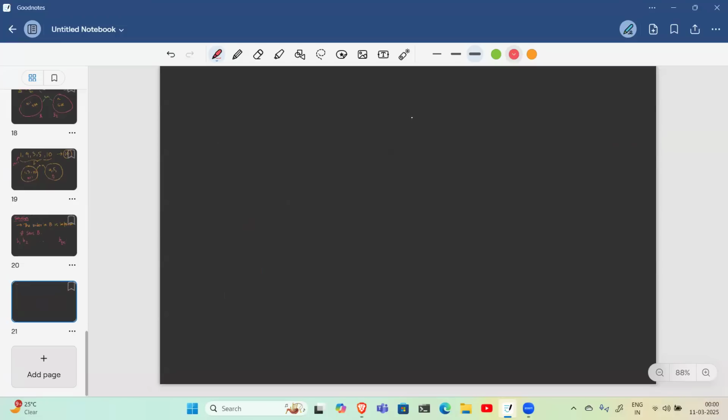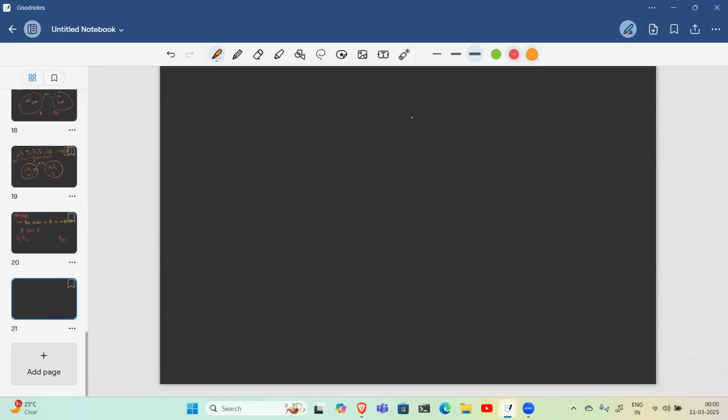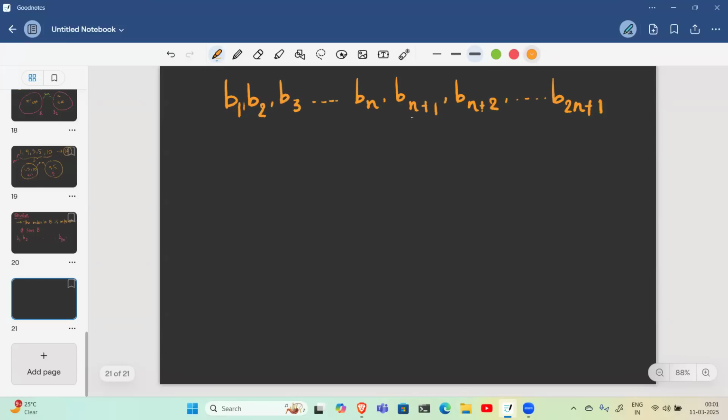Okay, so my idea is simple. Let me write this. I have these integers b1, b2, b3, it goes on till bn, and then I have bn plus 1, bn plus 2, and it goes till b2n plus 1. This is the sorted order, right?